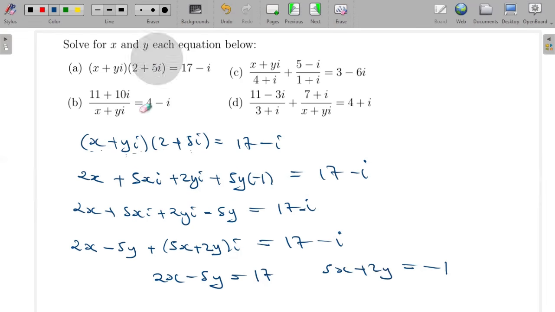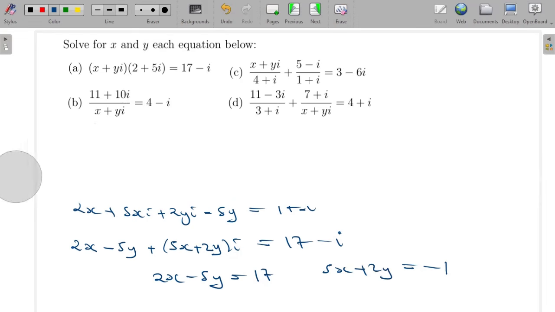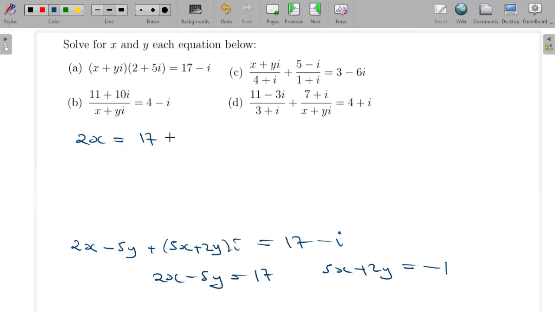Okay, so what is this then going to give us? So this here, I can make either one of them the subject. So I'll say maybe 2x. So 2x will be equal to 17 minus 5y, and then x is equal to 17 minus 5y over 2.